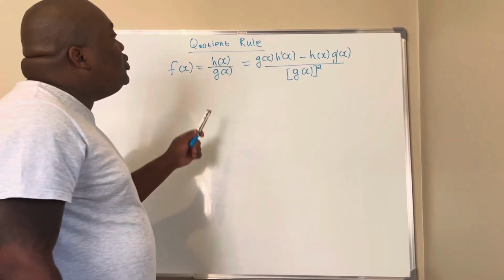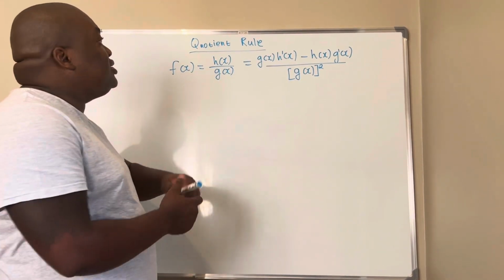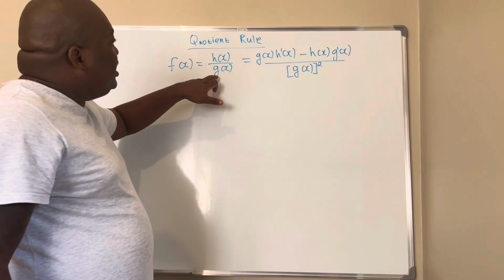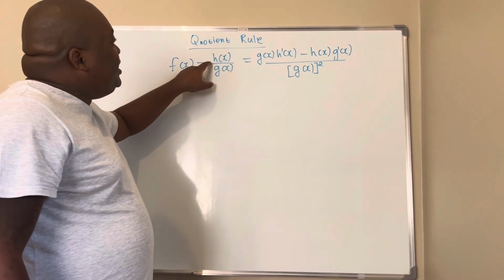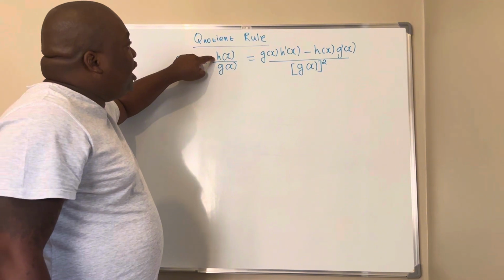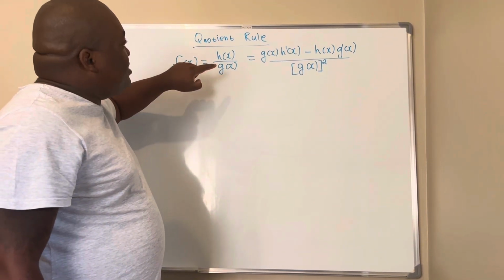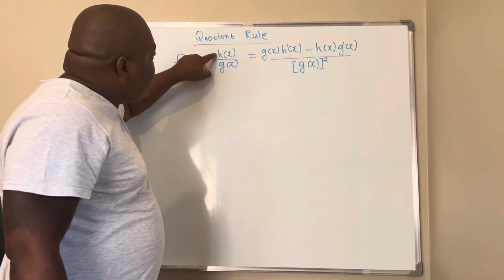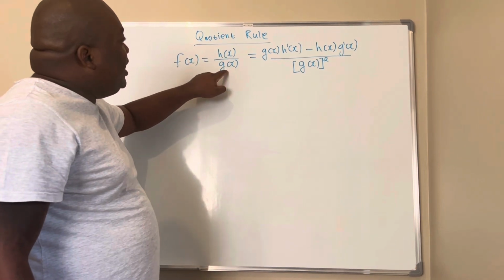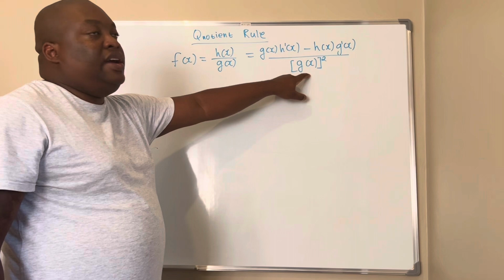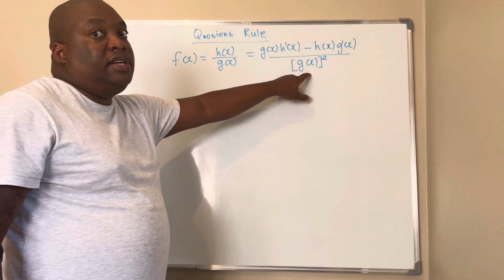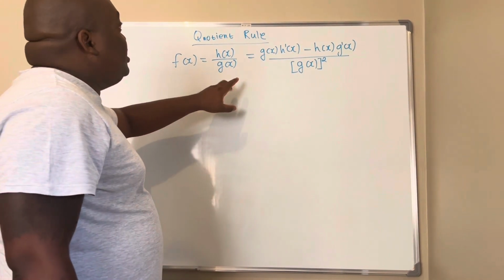So how you apply the quotient rule is you take the denominator, multiply by the derivative of the numerator, minus the numerator multiplied by the derivative of the denominator, and then you square the denominator. So let me repeat that.